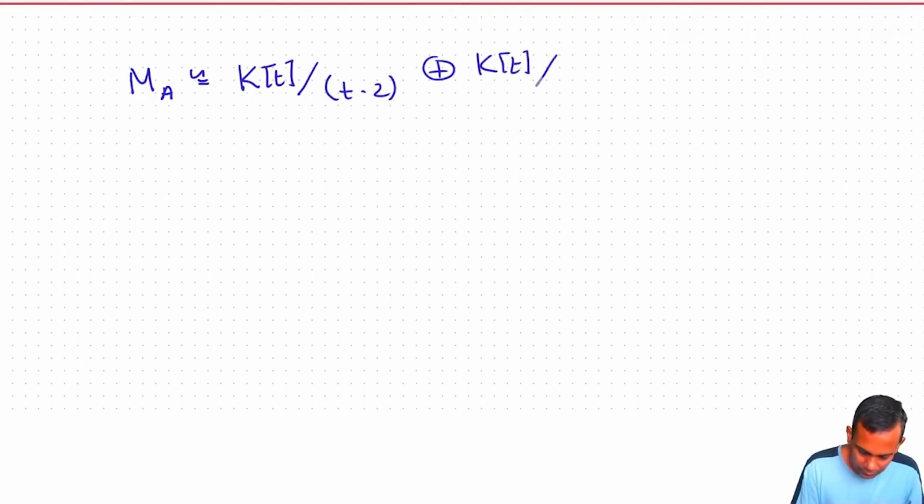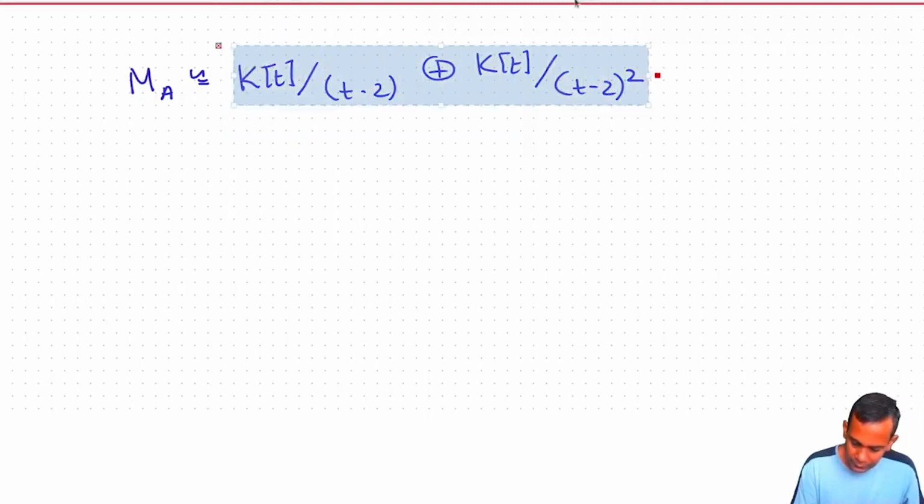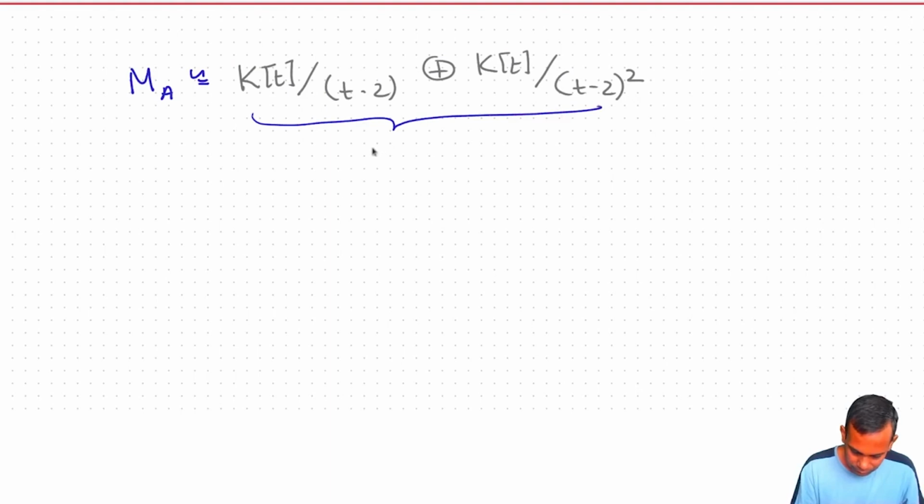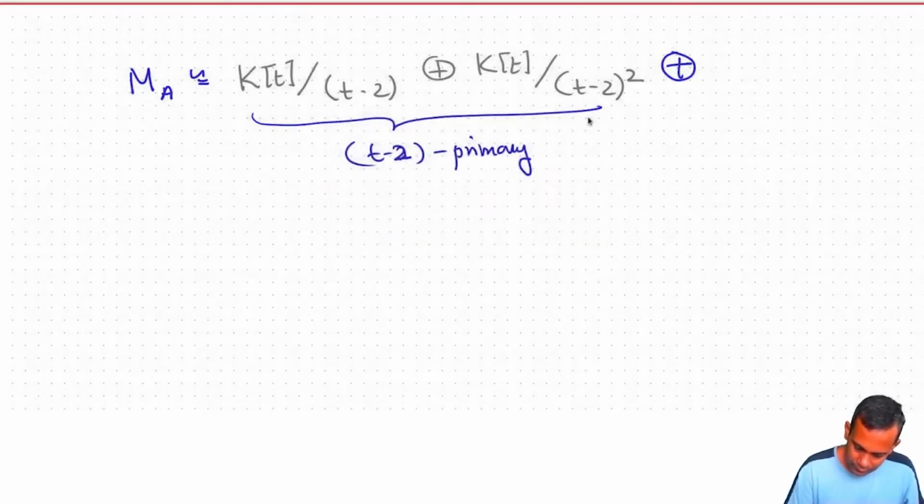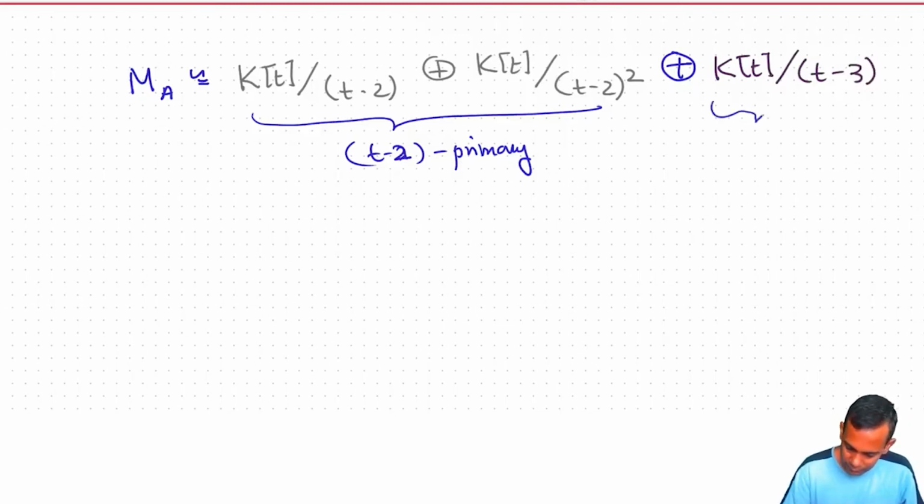So we have kt mod t minus 2 plus kt mod t minus 2 squared, and this part is the t minus 2 primary part, and then we have another factor here, which is kt mod t minus 3, and this is the t minus 3 primary part.